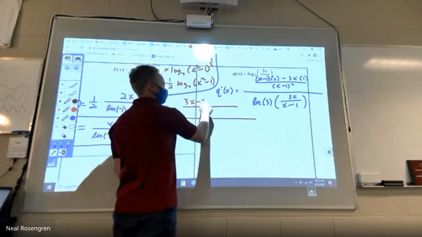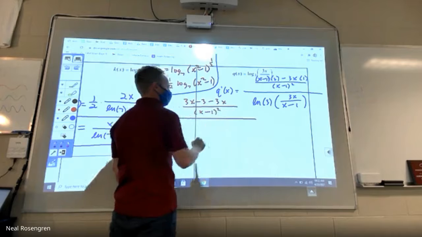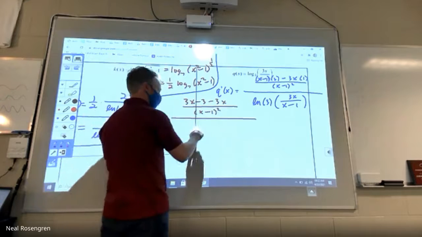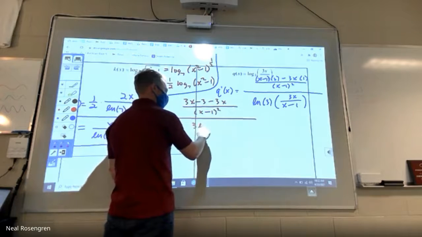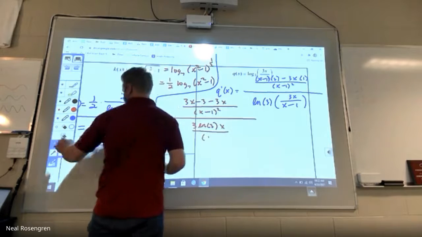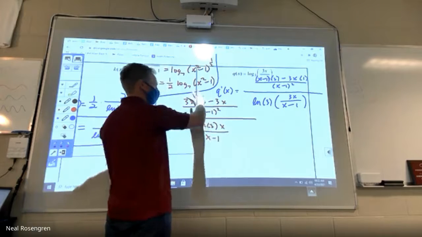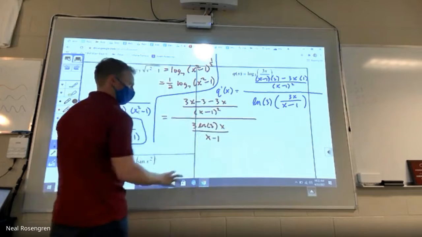3x minus 3 minus 3x over x minus 1 squared. And then 3 ln of 3x over x minus 1. Okay, I just tried to make one fraction on top, one fraction on the bottom.